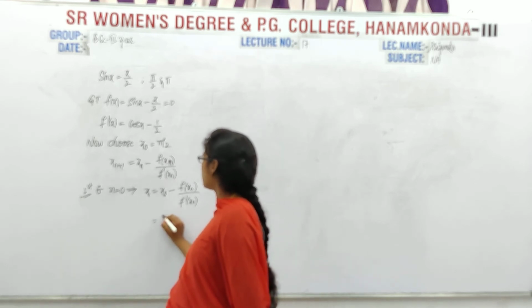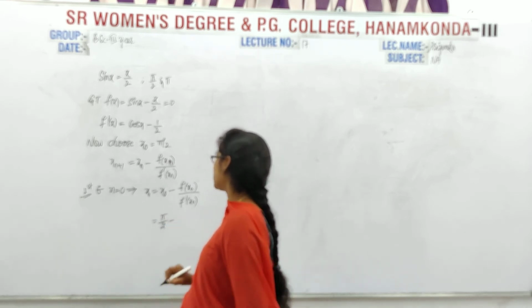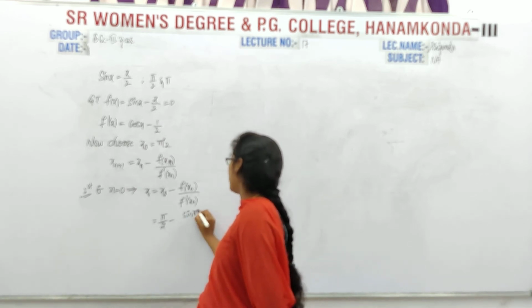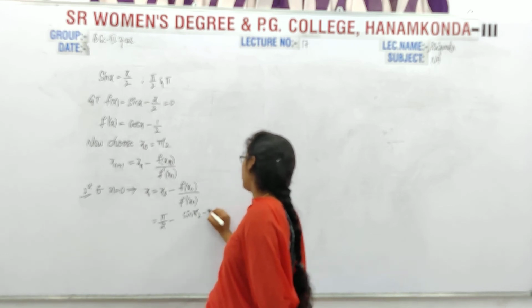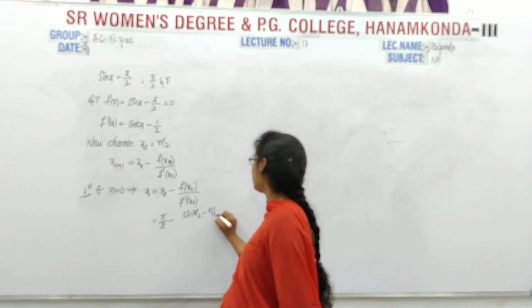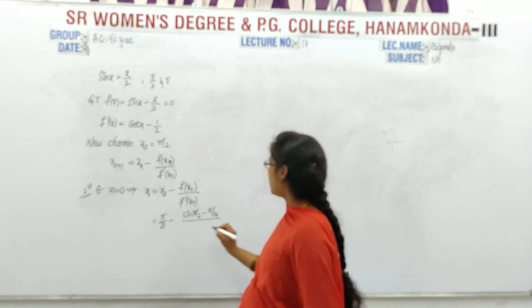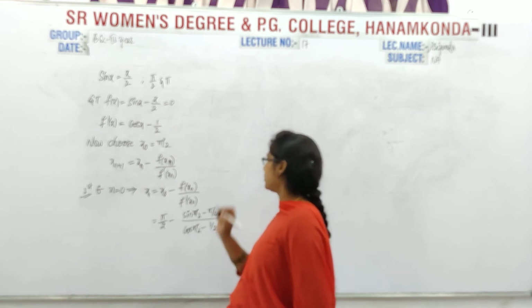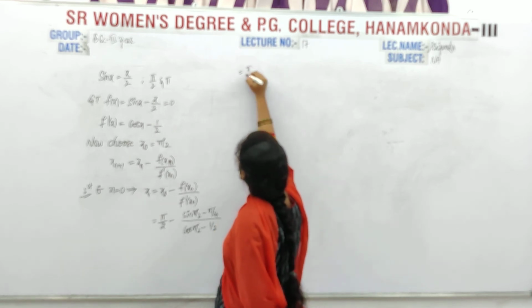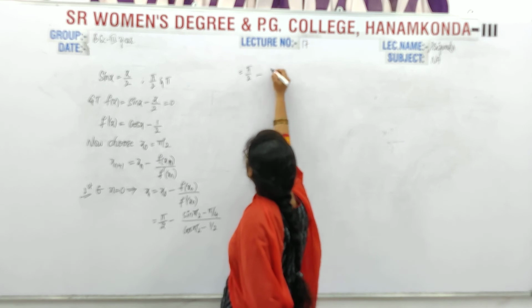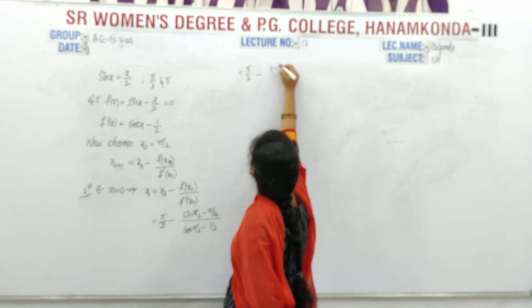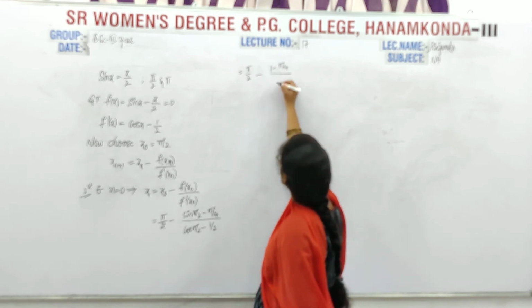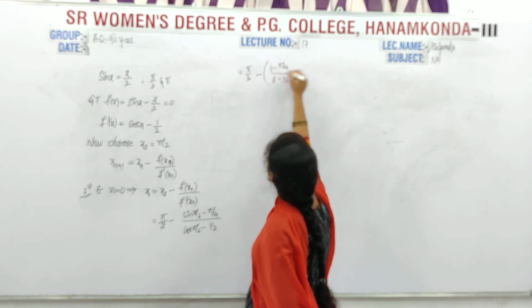Now what will be the x0 value? Pi/2 minus, f(x0) is sin(pi/2) minus (pi/2)/2, that is pi/4, divided by cos(pi/2) minus 1/2. Now this is equal to pi/2 minus, sin 90 is 1, minus pi/4, divided by cos(pi/2), cos 90 is 0, minus 1/2.